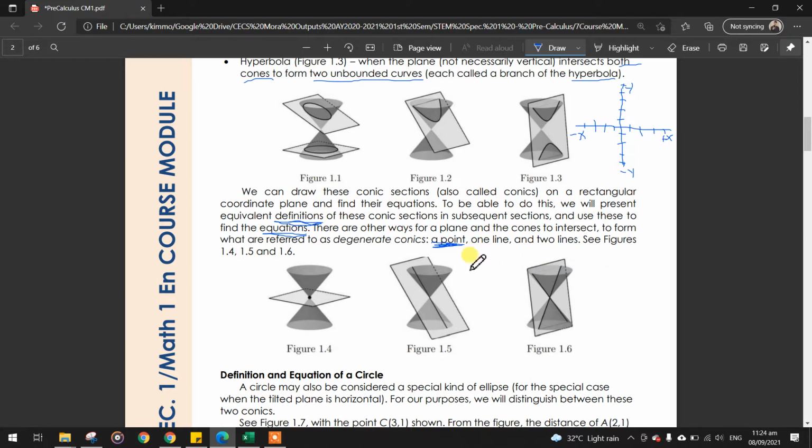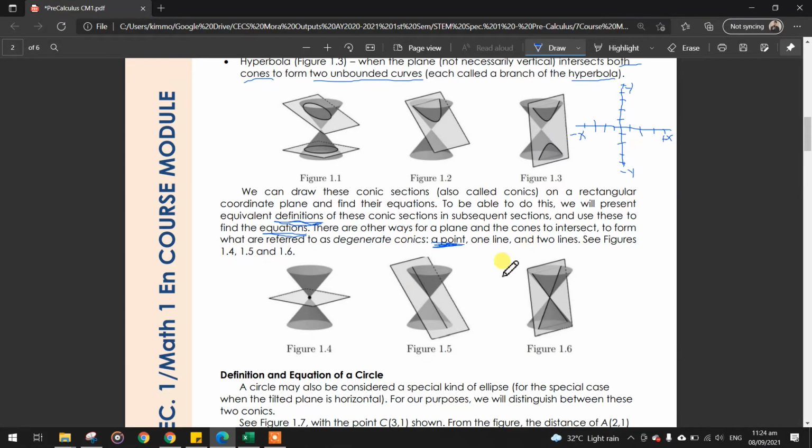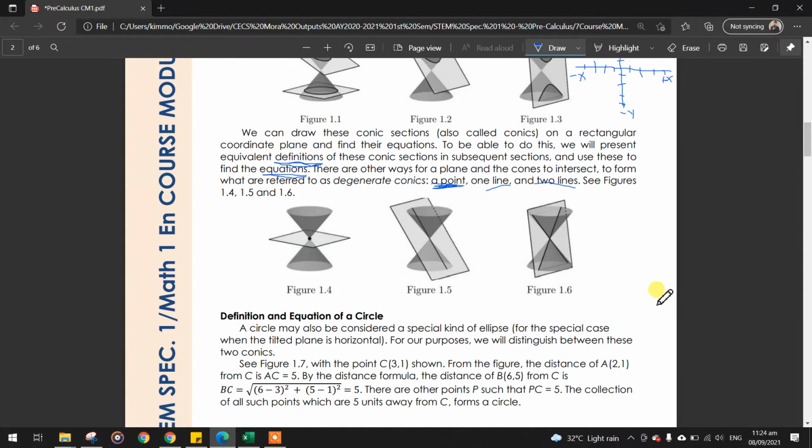So again, aside sa circle, ellipse, parabola, ug hyperbola, you can also generate a point, line, or two lines.